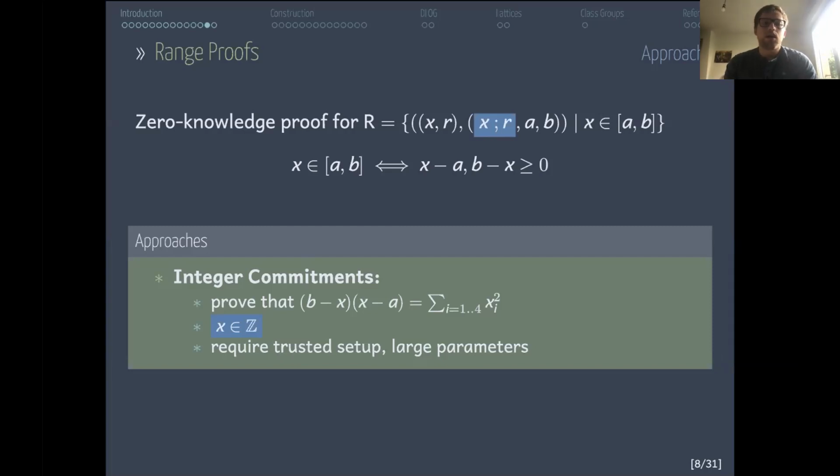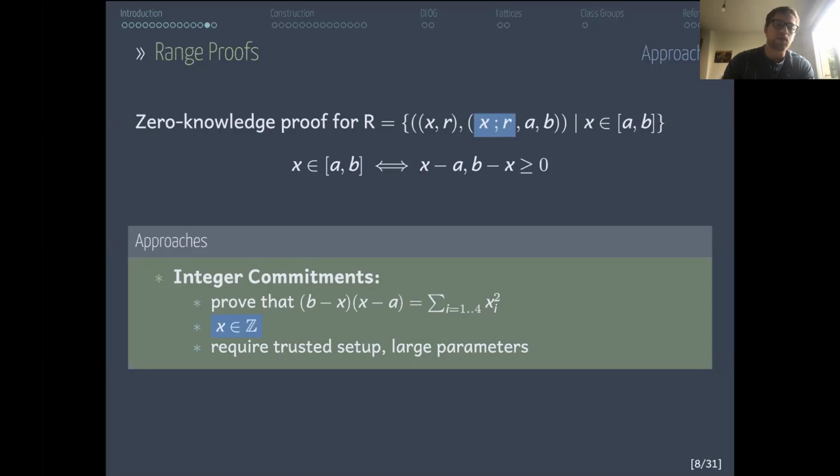And actually, we can decompose it this way only if B minus X and X minus A are positive, of course. And if we have such a decomposition, we can conclude that the left side is non-negative, because the sum of 4 squares is non-negative, of course. But this only holds over the integers.